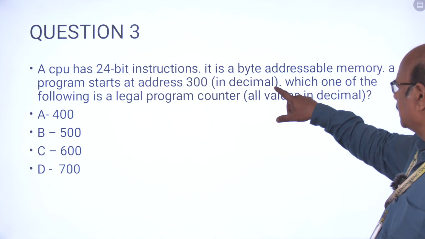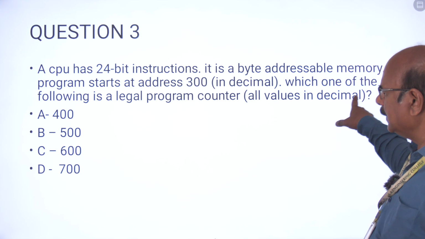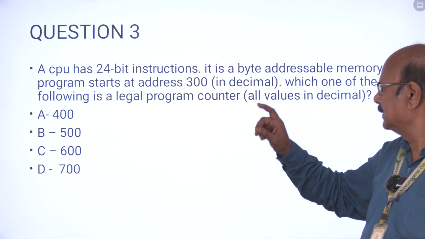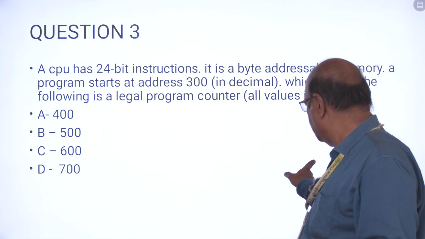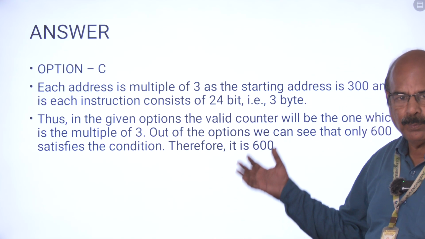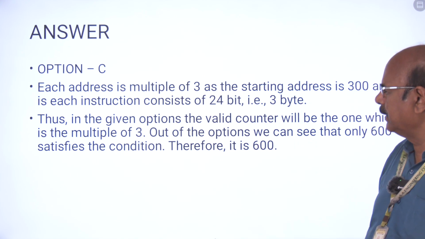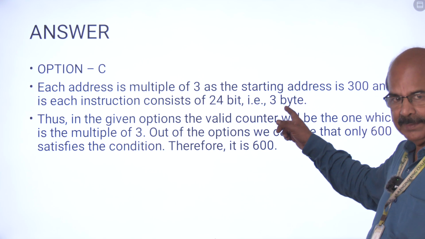These are the values that have been given. It is a byte addressable memory and a program starts at address 300 in decimal. So the answer is option C. The explanation is that each address is a multiple of 3.